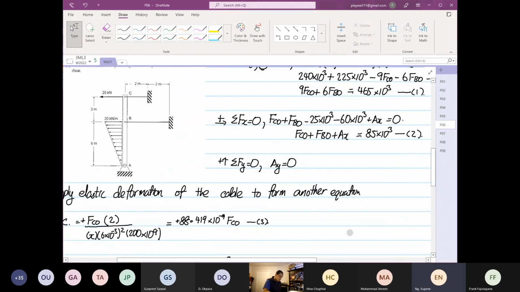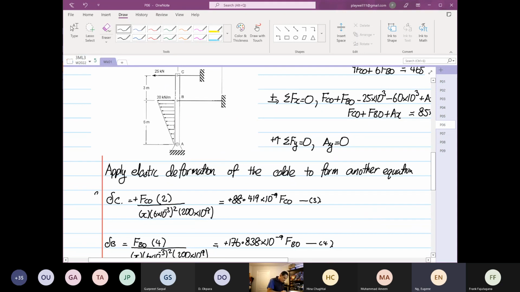Because we don't know the deflection at point C, we don't know the deflection at point B, but we can relate them.